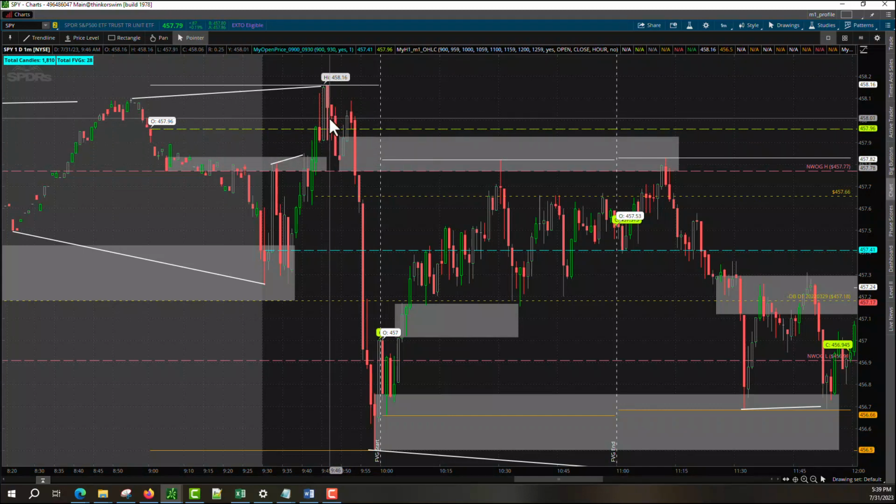We call it an implied fair value gap when it's just body to body, not including the wick. When you don't include the wick, it's a fair value gap, but when you include a wick, it will be an implied fair value gap.